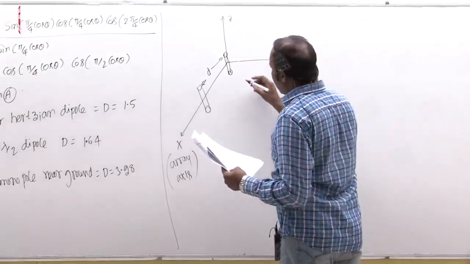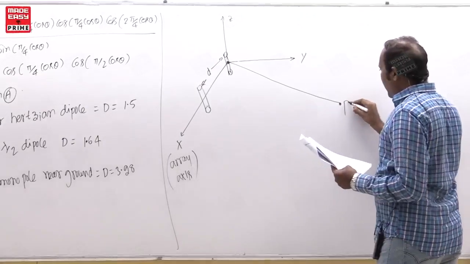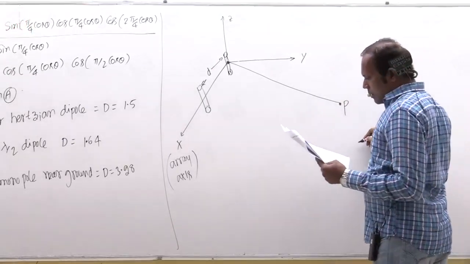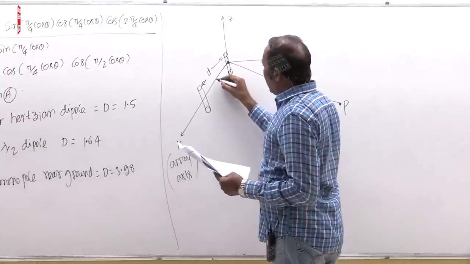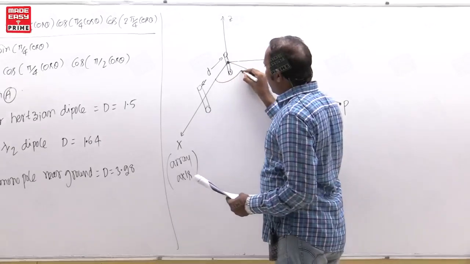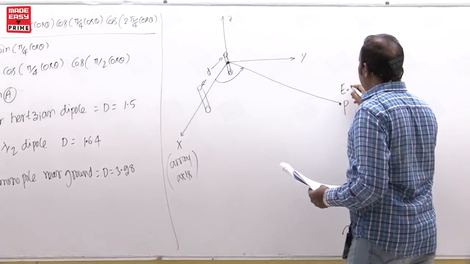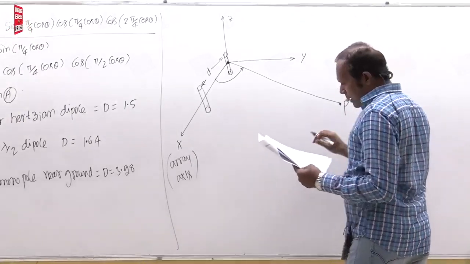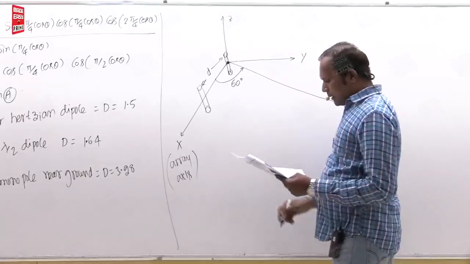and he is saying he is measuring the electric field at point P. Then the angle between array axis and the line drawn from origin to the electric field point, where electric field is measured here, that angle is 60 degrees is given. That is nothing but theta only, student.